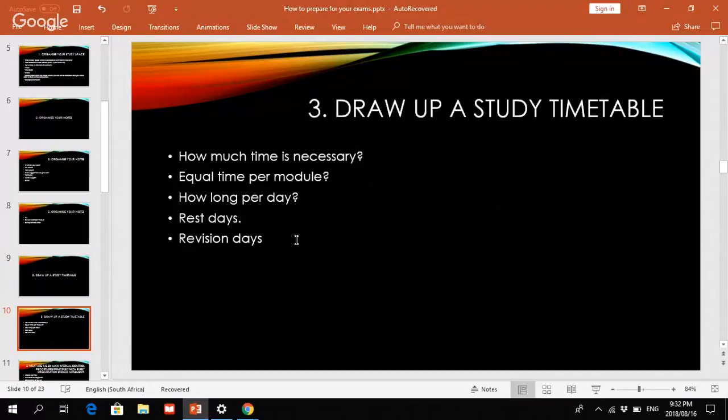And lastly, revision days. You want to be allocating some time for revision, because if you start studying something now and you don't revise it, you're going to forget it, and then it's almost as if you never studied it. So there's no time to study something twice. You study it once and then you revise it after that.